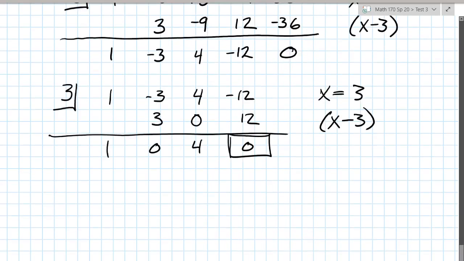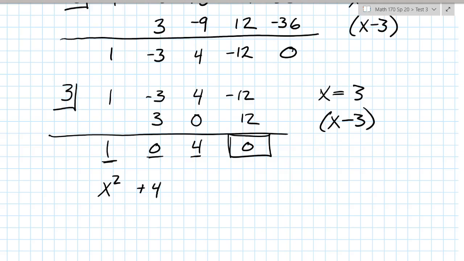Let's take a look at what we have left. What's left, we have 4 as our constant term, 0 x's, and then 1 x squared. So we're left with an x squared plus 4. So at this point we can use our factoring techniques that we know, or we can try to solve this by setting it equal to 0, depending on what our goal is.